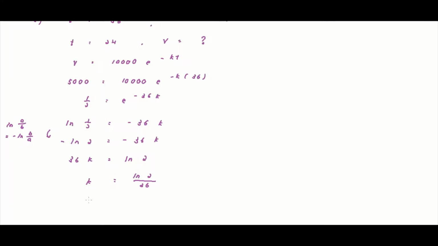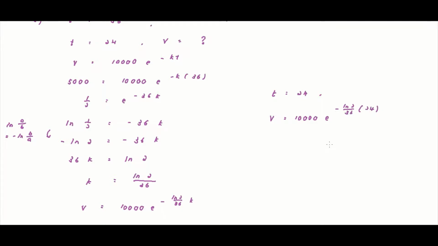Okay, so now you have obtained the complete equation, which gives you v equal to 10,000 e to the negative ln 2 over 36 times t. Okay, so now we continue to find the v that we want. So t equals 24, right? So we do substitution. So v equals 10,000 e negative ln 2 over 36 multiplied by 24.